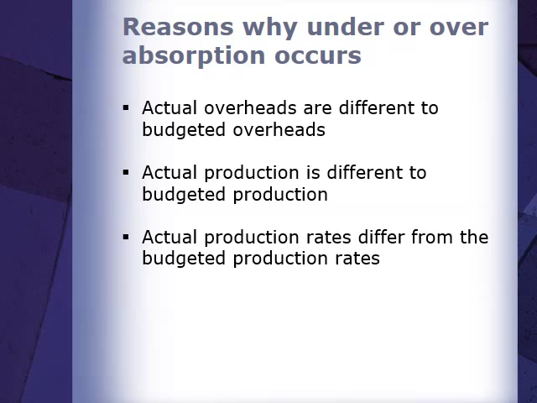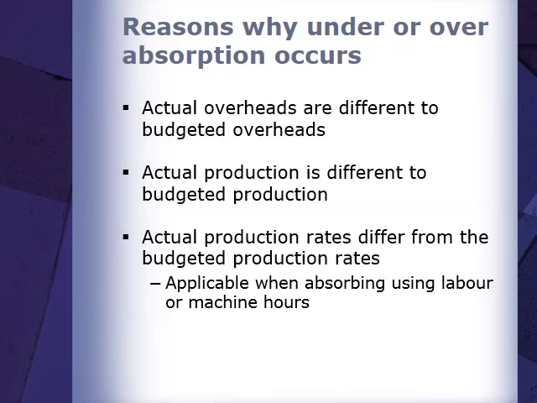Thirdly, our actual production rates, so the amount of units that we produce per hour, say, might differ from the budgeted production rates, and this will have an effect when we absorb using labour or machine hours.